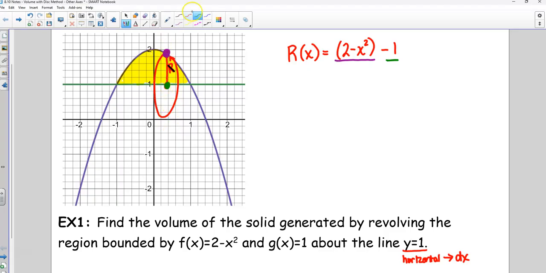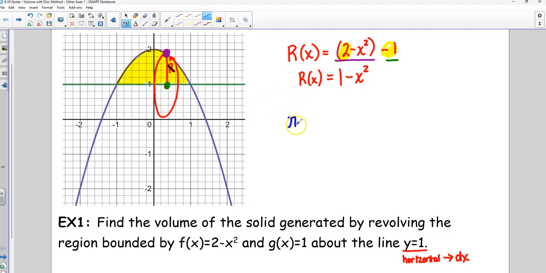Okay. Now, before I do any integration, I would simplify this just a little bit. There's not much to do here, but you've got 2 minus x squared minus 1, so you can take that 2 and that minus 1 and combine them, and you will get 1 minus x squared. And that's really the only piece that's different from yesterday, because now we're going to do everything sort of the same as we were doing yesterday.